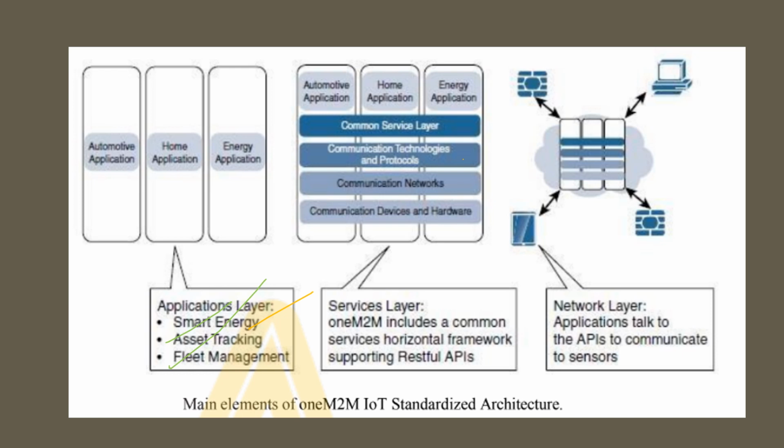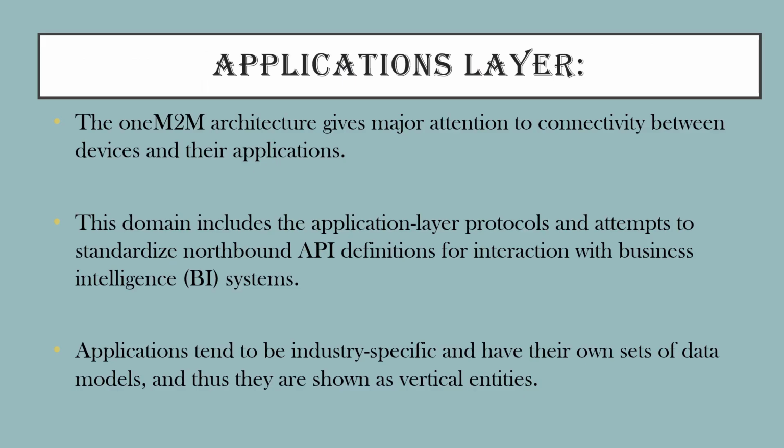Moving on, application layer. In application layer, it gives the major attention to connectivity between the devices and the application. So the connection between the devices and the application is the application layer, where this domain includes the application layer protocol and attempts to standardize northbound APIs, definition for interaction with a business intelligence system.